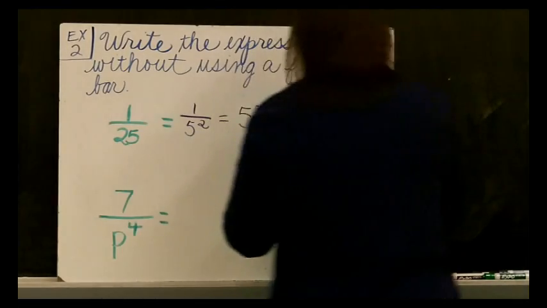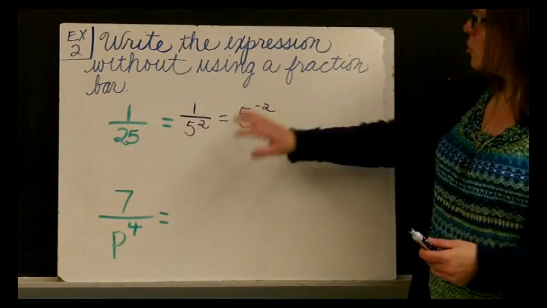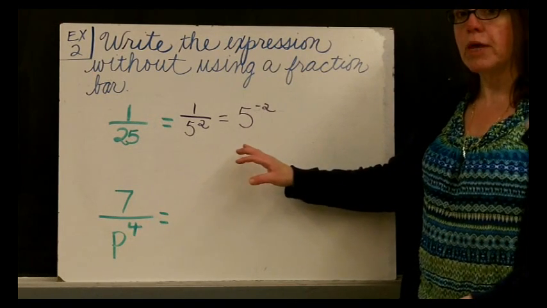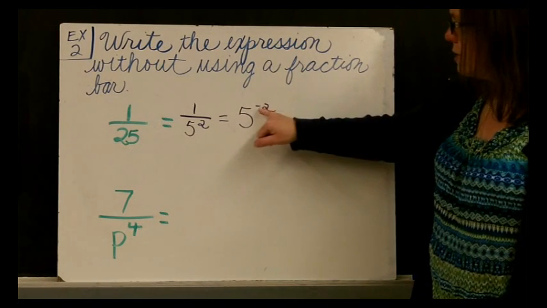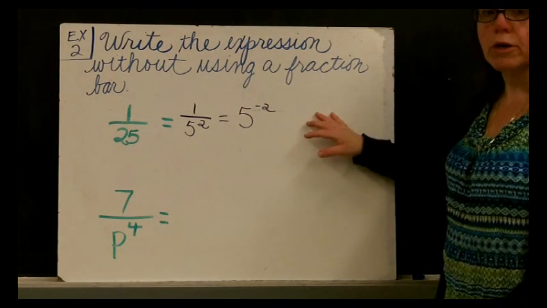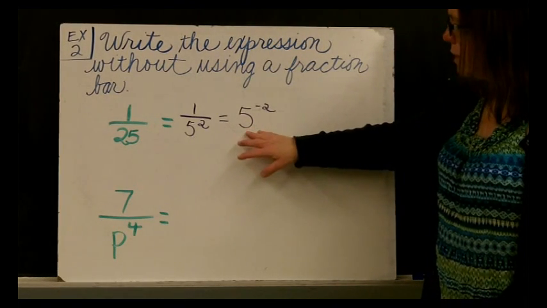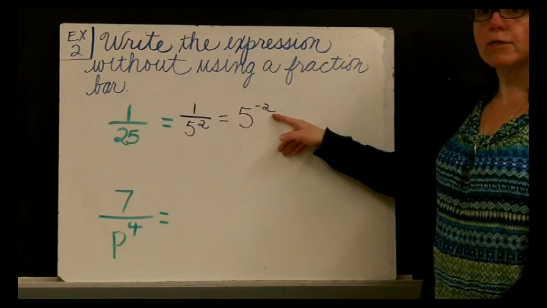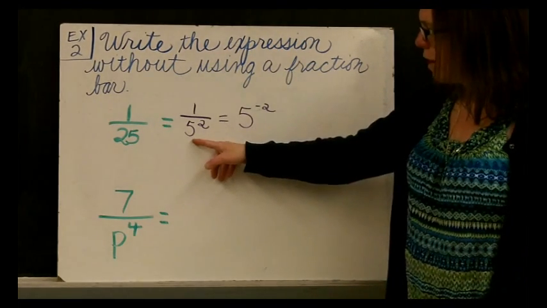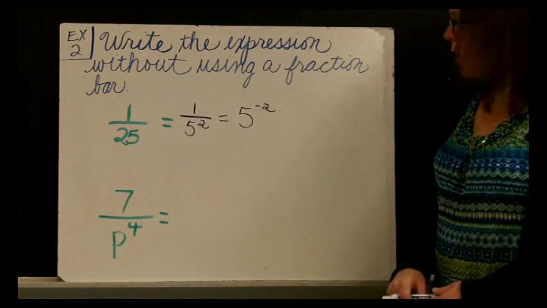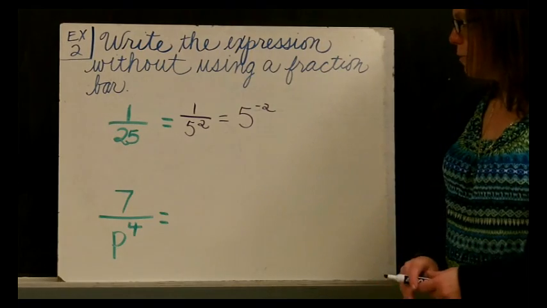If you remember, what we did before was start with 5 to the negative 2 power, and we would know that this negative exponent meant we would need to open up a fraction bar, move the power into the denominator, make the exponent positive, so here 5 squared, and put 1 in the numerator. And now we're going to do the same thing here.